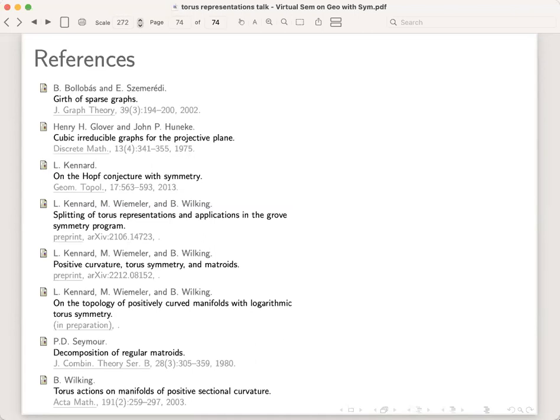Can you say anything about if it embeds in some higher dimensional manifold? I haven't thought about that. So a higher, okay. I don't know.